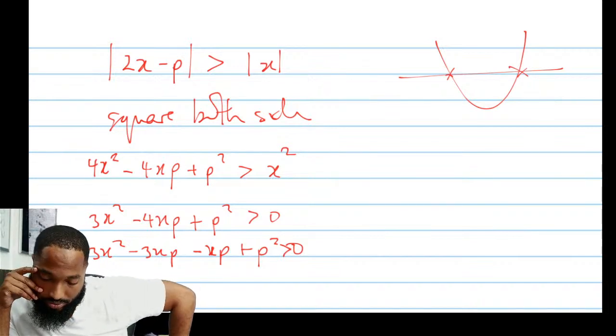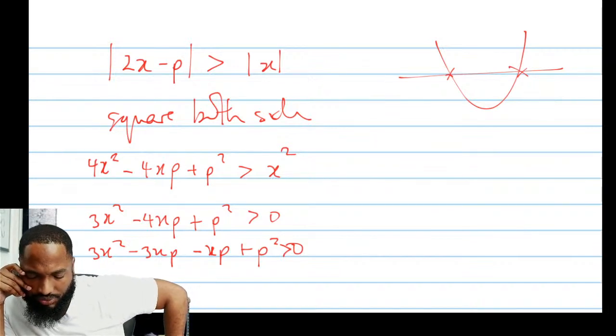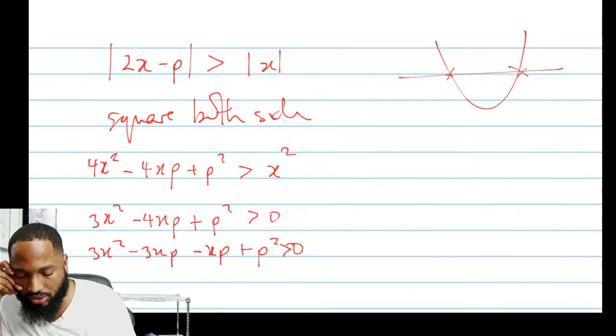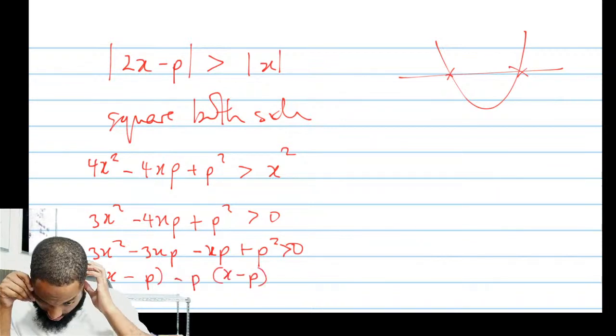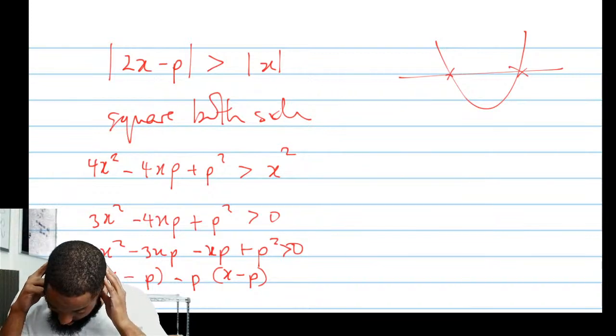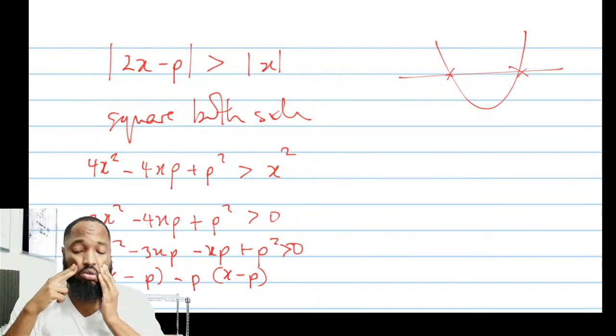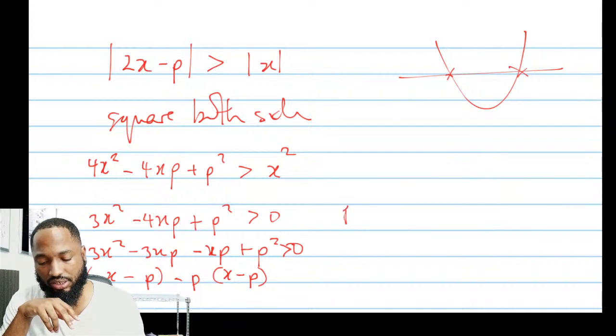Everything looking good there? Yeah, this is making more sense now. So this is 3x into x minus p, and x minus p.